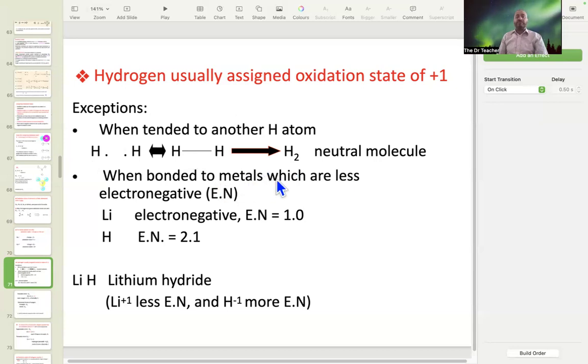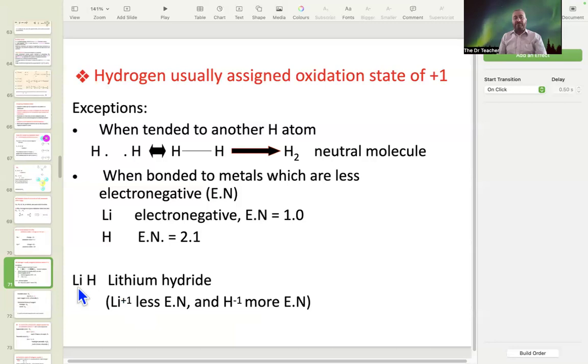When bonded to metals, which are less electronegative, like we see lithium, whose electronegativity is 1, but hydrogen's electronegativity is 2.1. So in this case, we have lithium hydride, with a difference in electronegativity. So lithium here will be +1, and the more electronegative hydrogen will become -1.